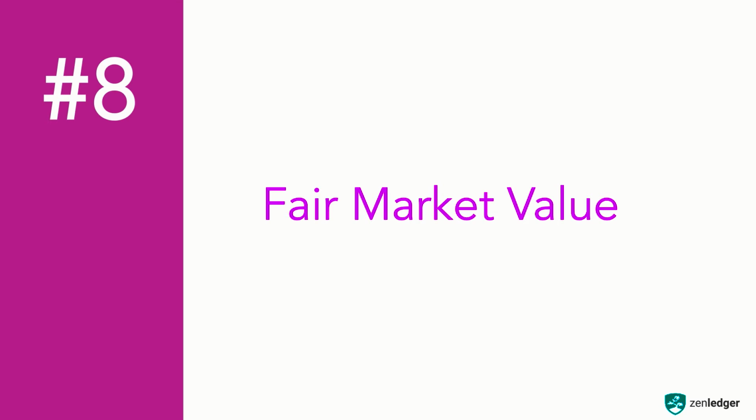And so ZenLedger ends up using extra separate data in order to find out the values of the two currencies that you may have traded 9 months ago or 5 years ago, and find the US dollar fair market value when those trades or other taxable events happened.